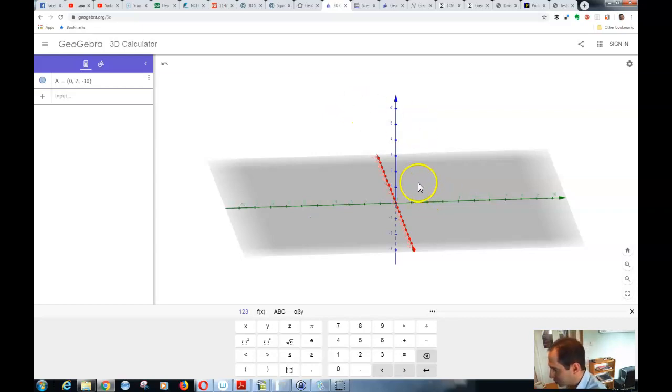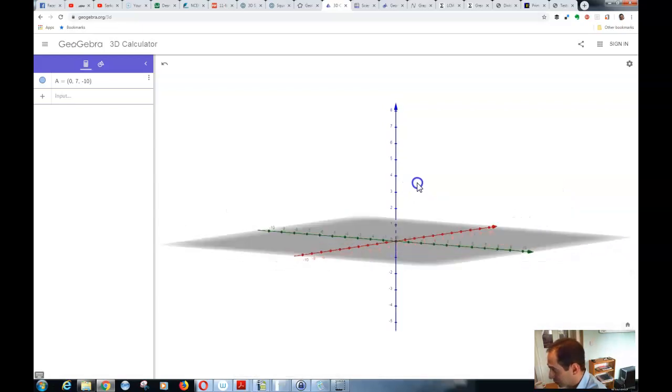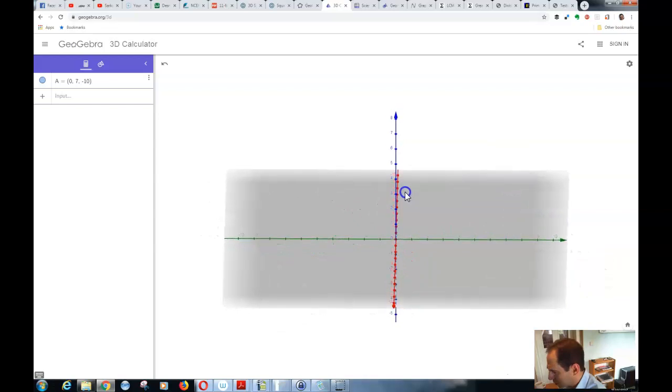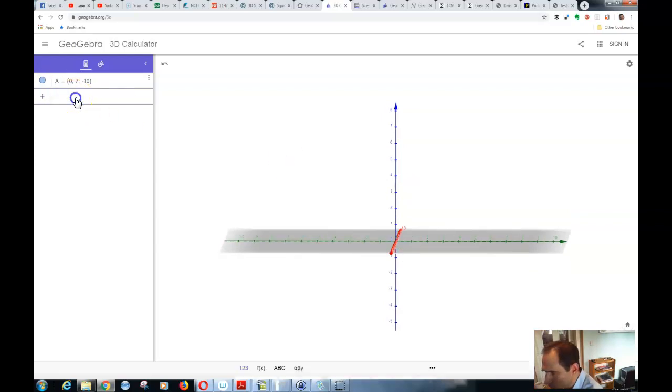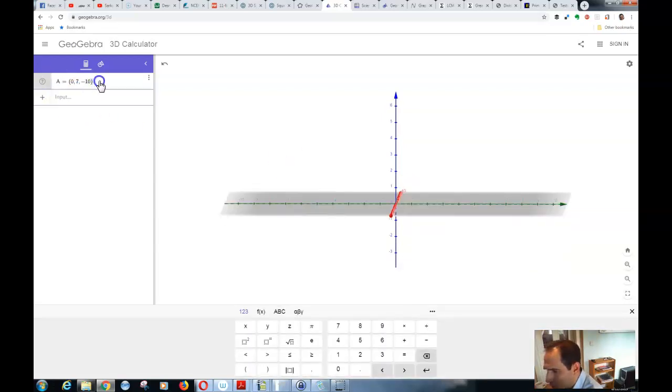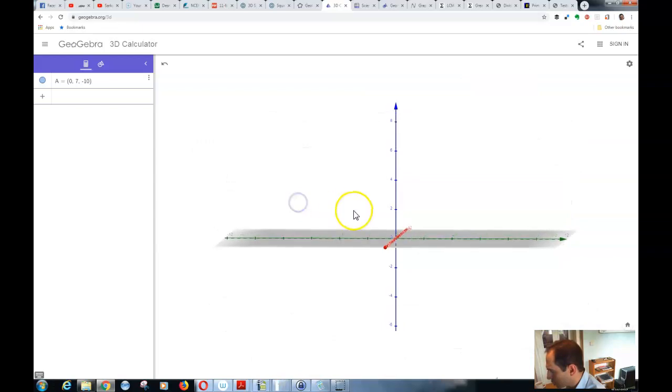This is supposed to be some point here, which is not there. 0, 7, negative 10. Okay, so the point is down here.